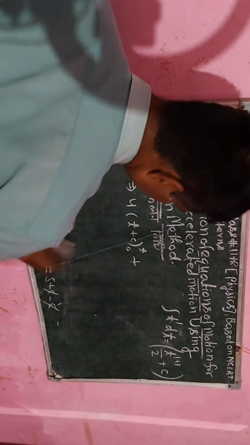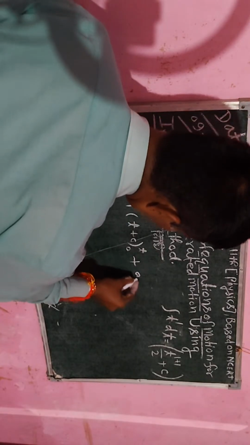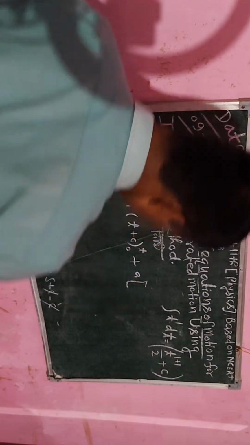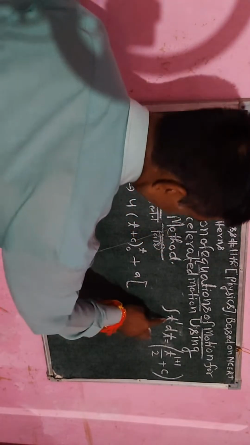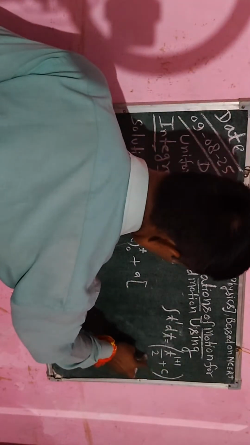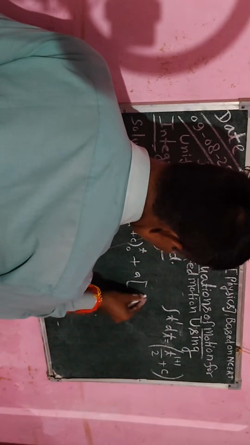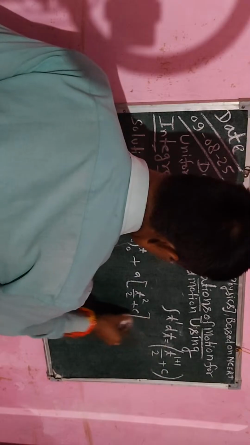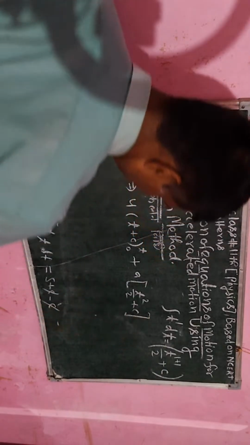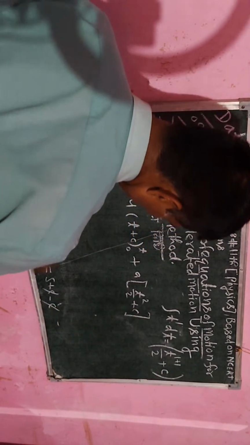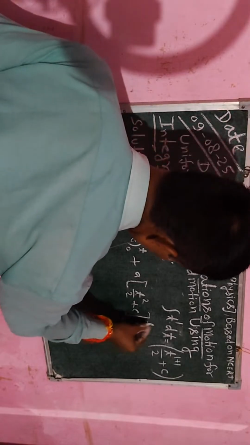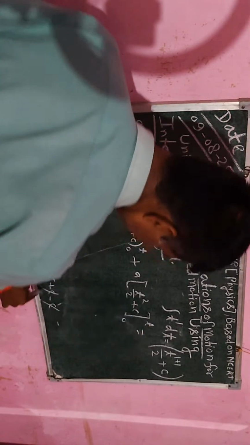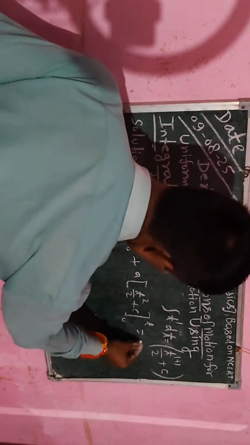And again I will write a, and in the place of t into dt I will write t square by 2 plus c. So here will be t square by 2 plus c, with lower limit 0 and upper limit t, and on the right hand side I have got the value s.